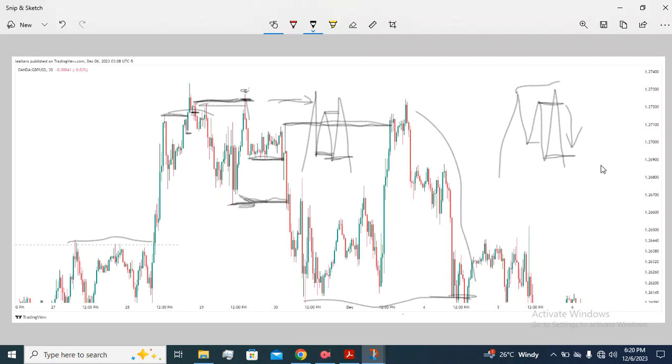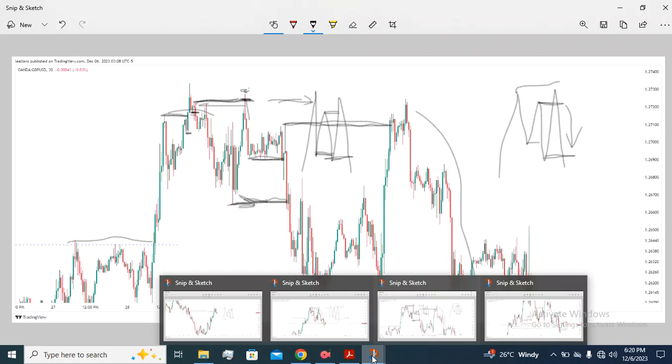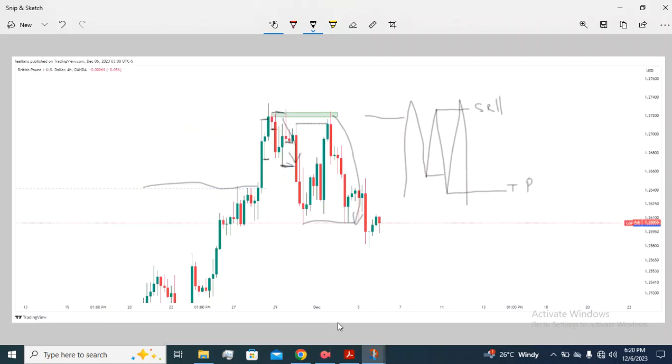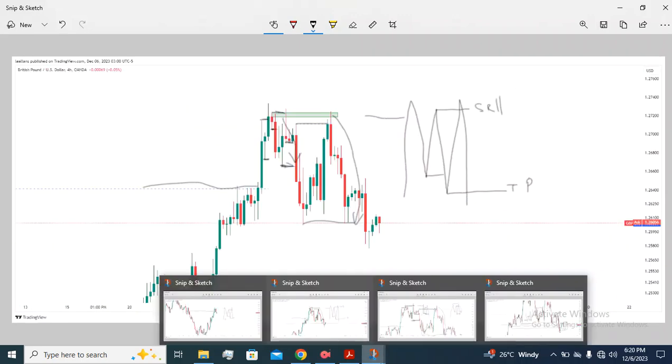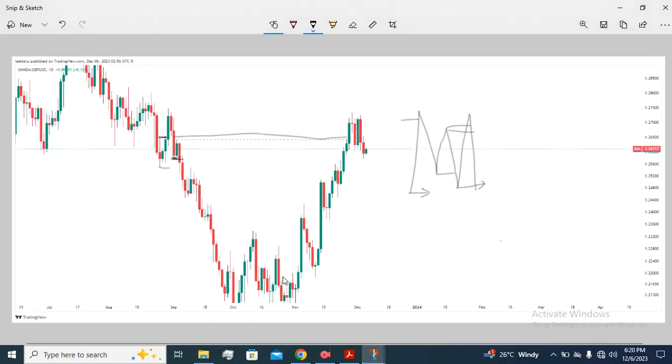Now, I want to talk about something else that one of my mentors said: that in order to catch such entries, you must be able to identify the buyers of the market, as I've shown you on this daily chart.